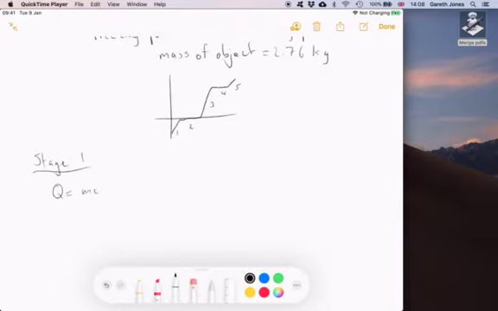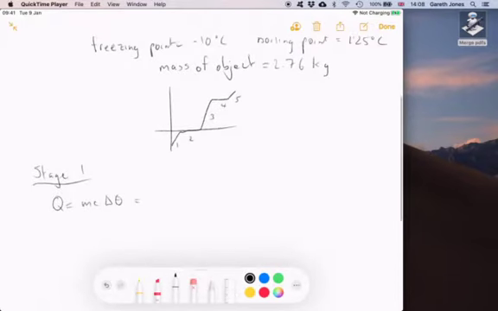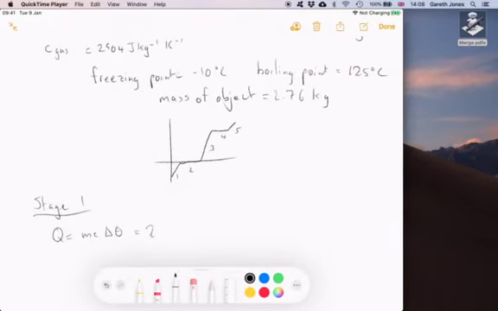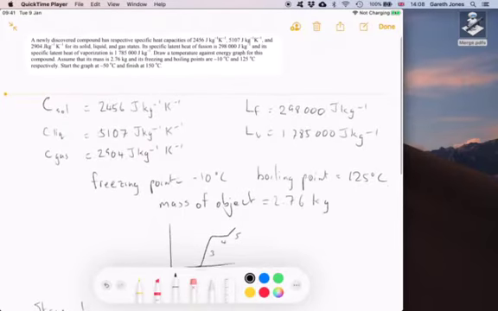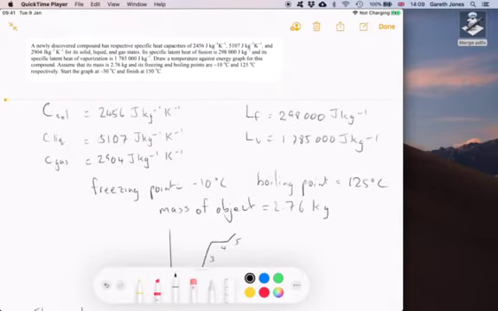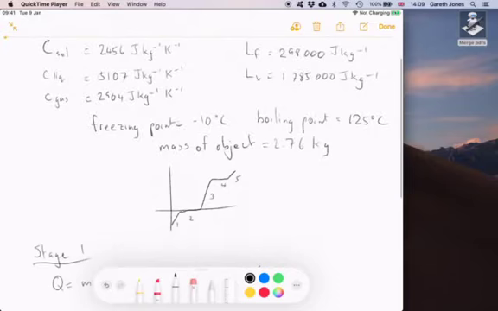We have mcΔθ, and the mass is 2.76 times the specific heat capacity, 2456, of when it's a solid, and the change in temperature. Now it says to start the graph at minus 50. That's in the question, okay? So our start point is minus 50, and the melting or freezing point here is minus 10, isn't it?